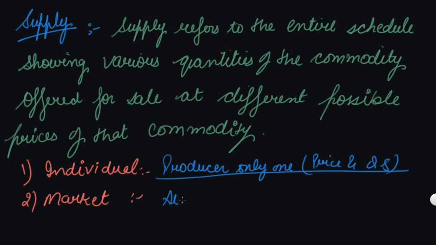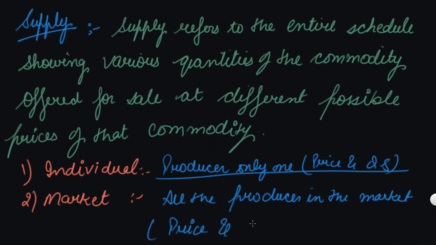When for all the producers in the market, your price and quantity supplied is given, then it is market supply. So this is a very easy difference between an individual supply and the market supply.